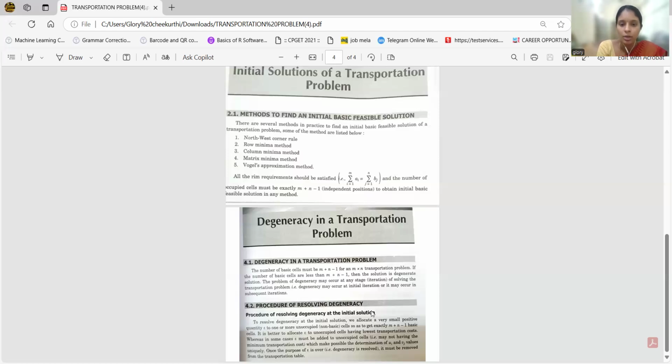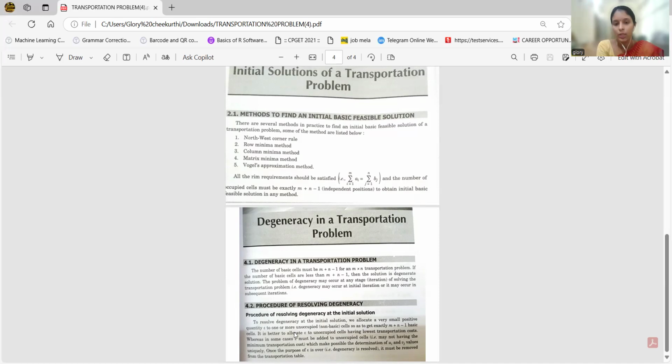So how can we solve this degeneracy? Procedure for solving degeneracy: to resolve degeneracy at the initial solution, we allocate a very small positive quantity epsilon to one or more unoccupied cells, that is, non-basic cells, to get exactly m plus n minus 1 basic cells.